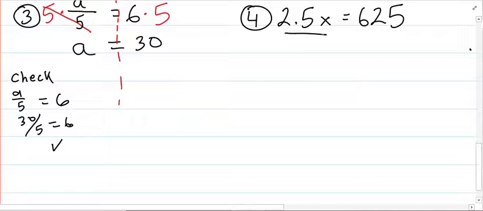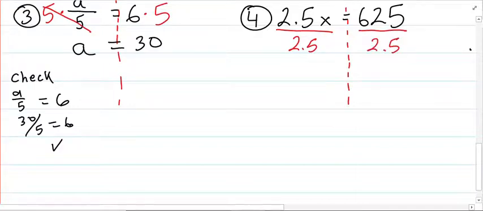2.5x means the same thing as 2.5 times x. So the opposite of multiplying is dividing. I'm going to divide by 2.5. Don't forget, if I divide on the left side of the equal sign, I have to divide on the right side of the equal sign. Now, you may write out this problem on paper to help you divide it, or you might use a calculator to double check yourself.